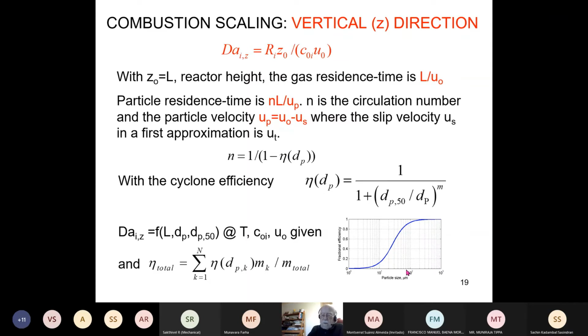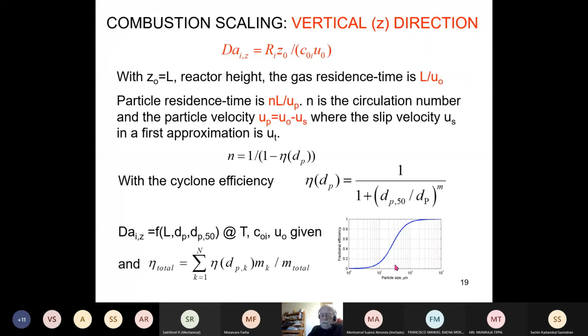But when the size of the particle becomes smaller, the efficiency is less. And the location of this curve in relation to the particle size distribution is determined by the cut size, the average particle size.